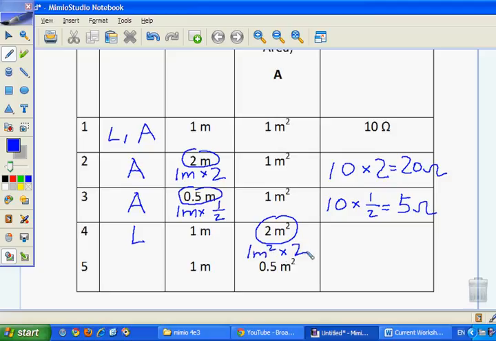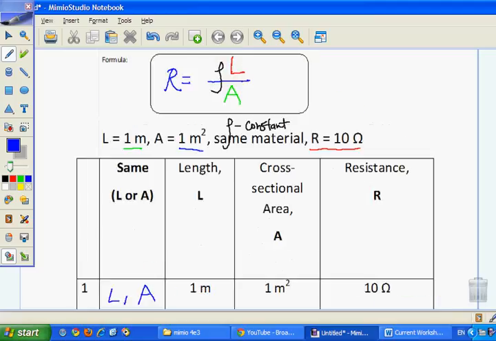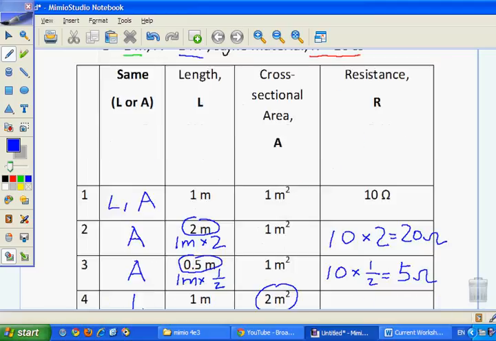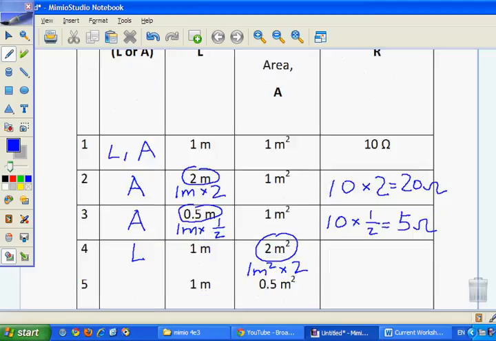But if you can recall the relationship relating resistance to cross-sectional area A just now, look at it again. It's actually an inverse relationship. So when it's times 2, my new resistance is actually times half and not 2. So in this case, my resistance is still 5 ohm.